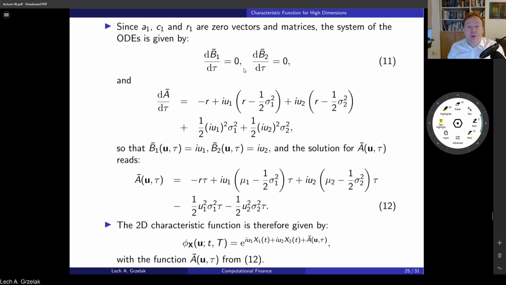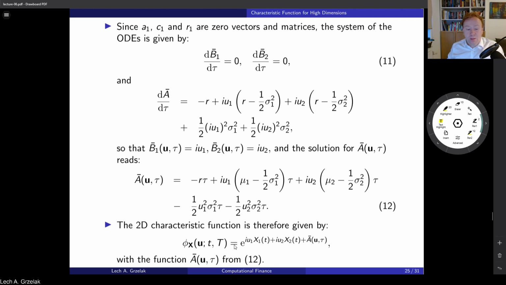Now we can use the A's, B's, C's, and R's to compute the ODEs, the ordinary differential equations. Those are very trivial in this case. The derivative of B1 with respect to tau is 0, the derivative of B2 with respect to tau is 0, and then all the remaining terms are in the ODE for A. Since there is no real tau dependence, we can simply integrate, take into account the boundary conditions, and this is the expression we get.